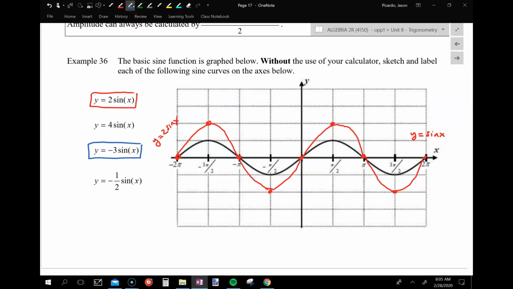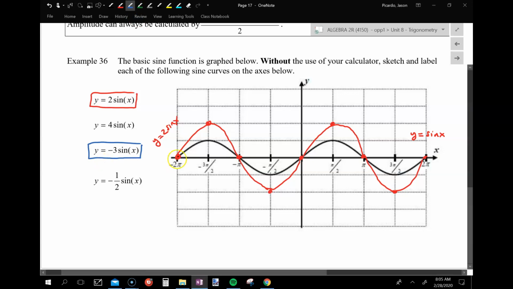is that okay? All right, for the red one. And then what am I going to do here for the blue one? Well, this point doesn't move, does it? My blue graph, instead of going to 1, is going to go to -3. So it's going to go down, right? It's going to go the opposite direction.